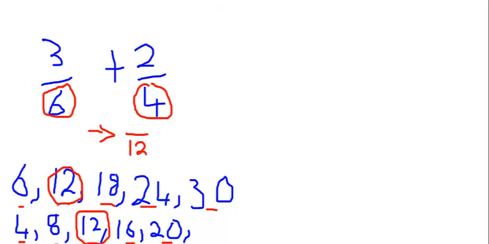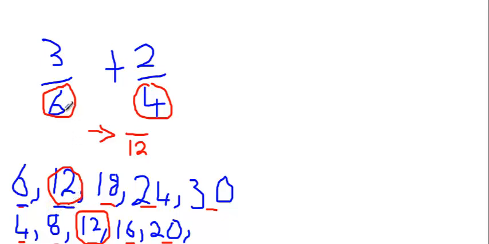So we're going to do that up here on the right hand side of the page. In order to do that we need to look at the denominator and see how many multiples of the denominator are equal to 12. Because we've written it out underneath here, we can look at 6, and we know that's the first step. So 1 multiplied by 6 is 6, and 2 multiplied by 6 is 12.